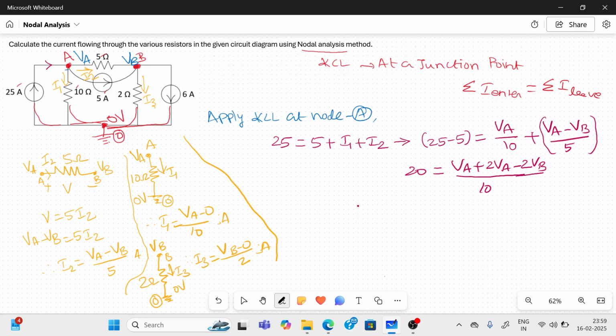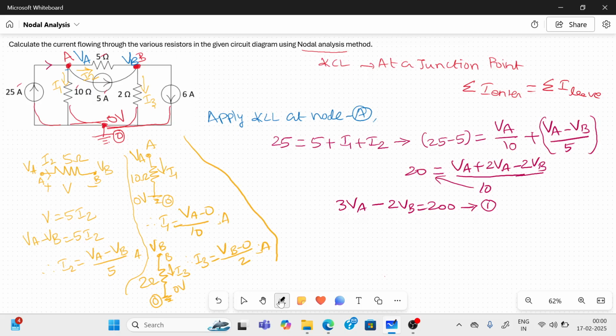Here already 10 is there, so multiply with 1, and for the other we need to multiply with 2. Now the 10 will be multiplied to this side, giving 200. So 3 VA minus 2 VB is equal to 200. This is equation number 1.